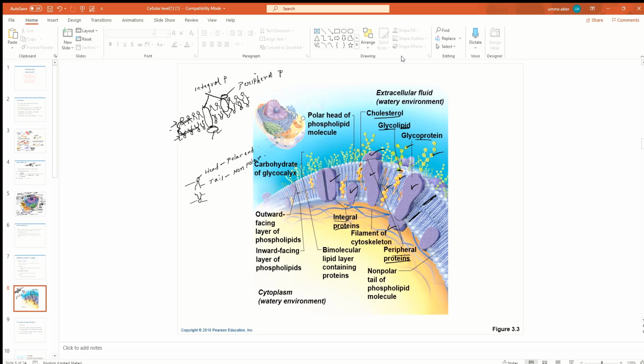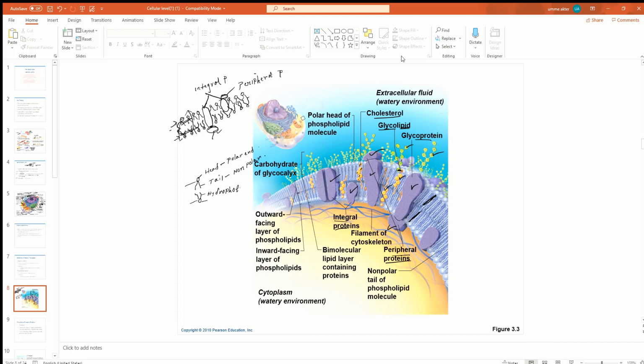Only the head part is water soluble, and therefore the phospholipid bilayer doesn't let the water molecules pass through it. Makes sense? Because the tail parts don't like water, that's why the tail part is also called the hydrophobic part.